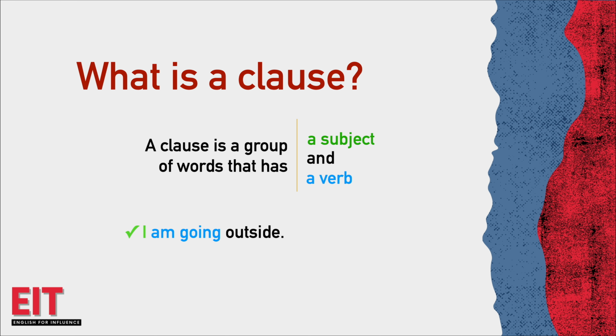I am going outside. So this is a clause because you have a subject, I, and a verb, am going. Outside, of course, is a preposition. After we ate dinner. This is also a clause because your subject is we and your verb is ate. Ate what? Dinner.